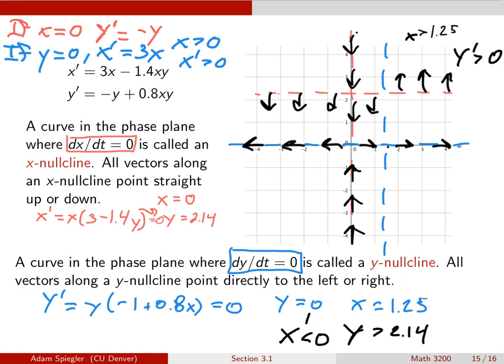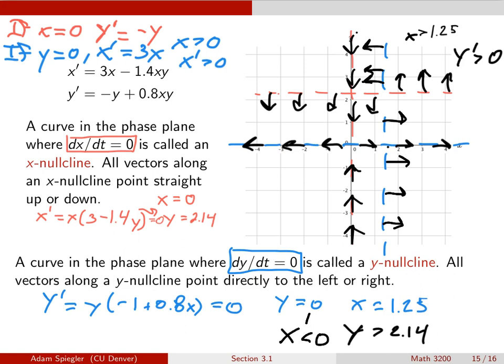So that means when y is bigger than 2.14, these vectors are pointing to the left. And then when y becomes less than 2.14, x prime becomes positive, and now our vectors point to the right.